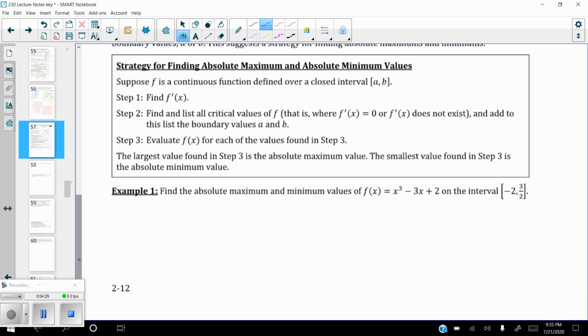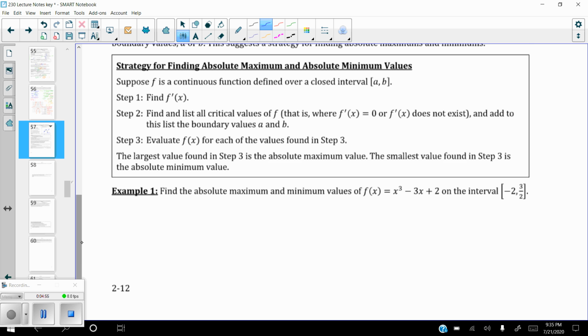You're going to take the first derivative and find your critical values, because that's where you can have relative max and mins. And then you're going to take those values and the endpoints, because the endpoints could be included, and test all of those values in the original function. Whatever the biggest value is that you find and whatever the smallest value is that you find are your absolute max and min values.